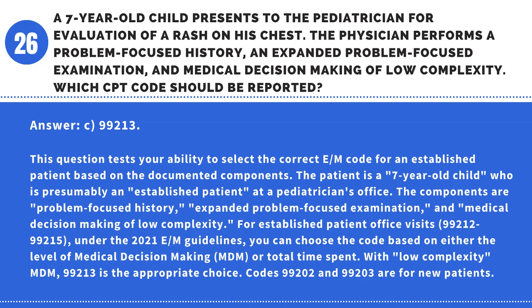For established patient office visits, 99212-99215. Under the 2021 E/M guidelines, you can choose the code based on either the level of medical decision-making, MDM, or total time spent. With low complexity MDM, 99213 is the appropriate choice. Codes 99202 and 99203 are for new patients.